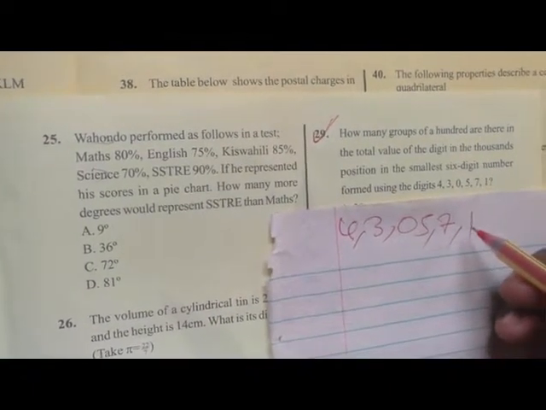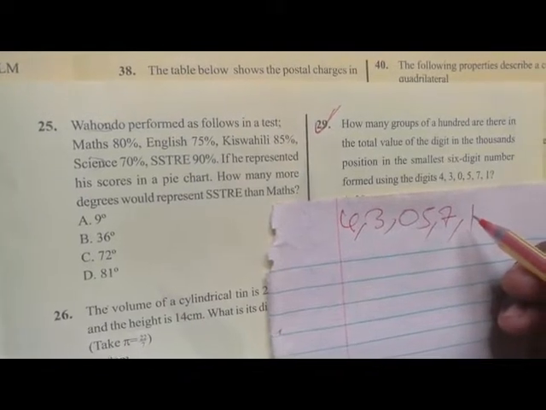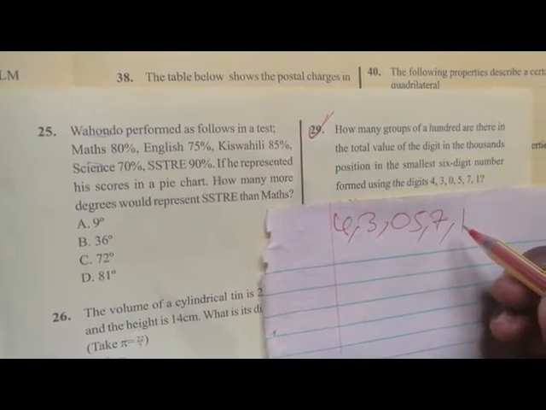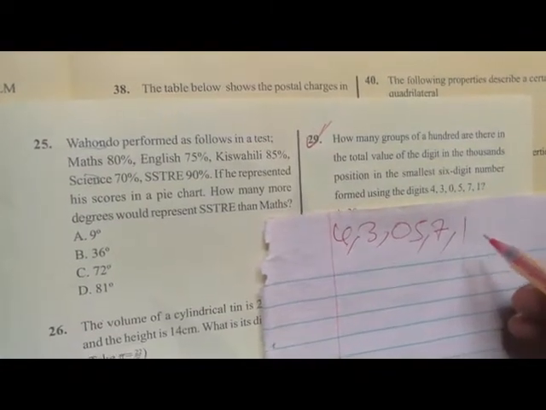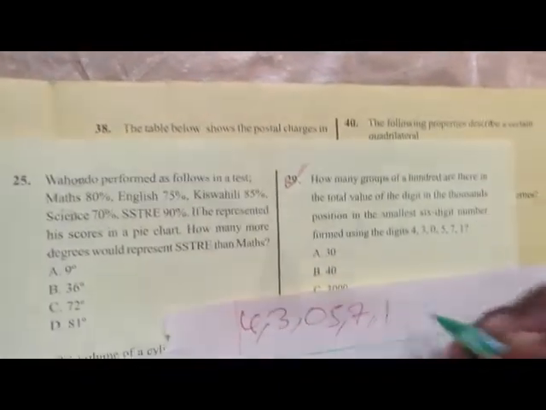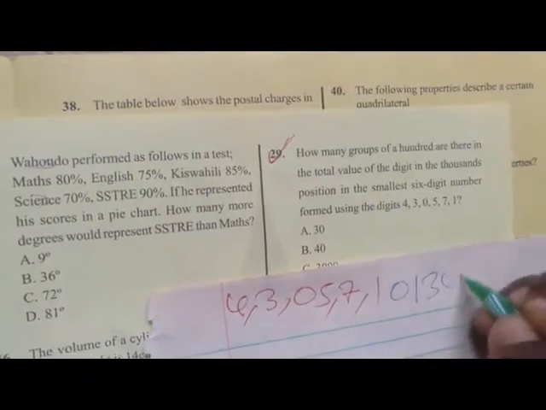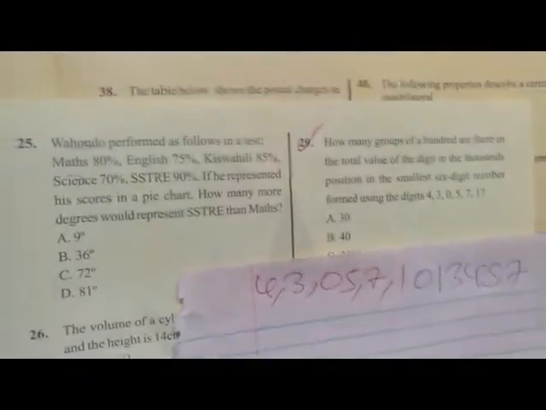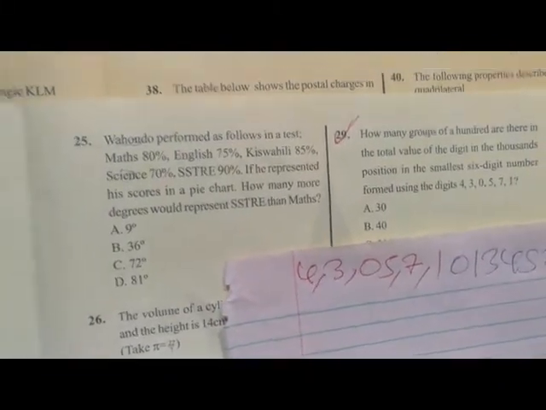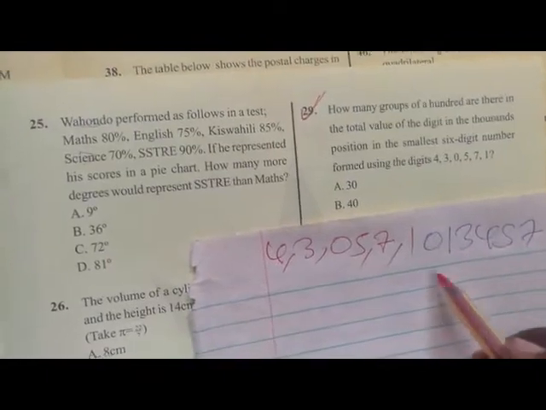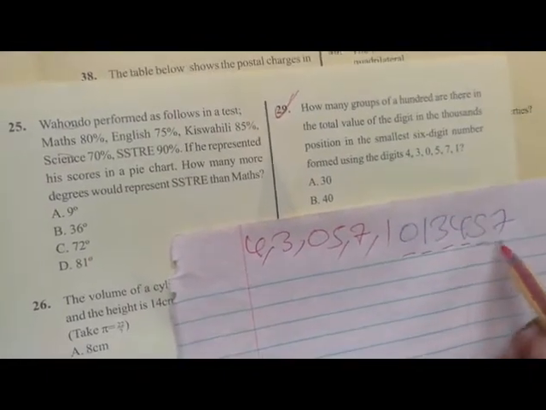If we rearrange them from smallest to the largest, they will be 0, 1, 3, 4, 5, 7. Then step 2.